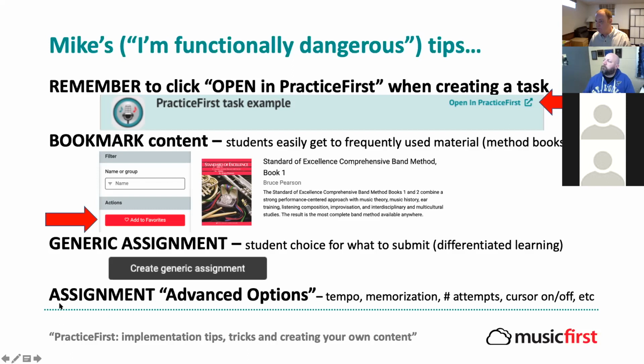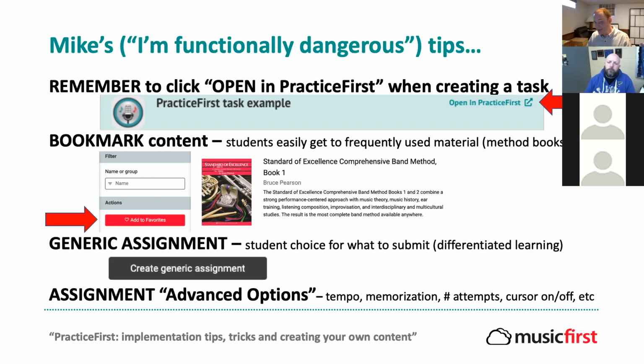And then finally, when you do create those tasks that are a specific notation file, when you've got that pop-up, when you say attach to task, there's an option in there that says show advanced options. And that's where you can go in there and set up the requirements for tempo. Do they have to play it at that particular speed, or will you allow them to submit something slower? Do you want to set it into a special mode, which is either sight reading or memorization? Memorization basically means as soon as that student hits record, notation is off screen.